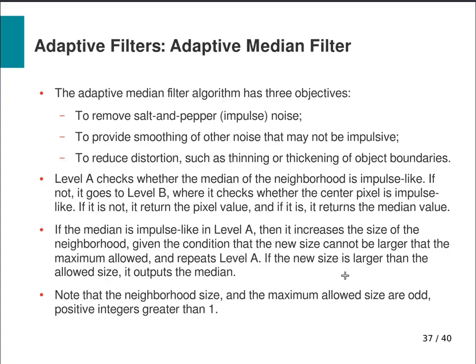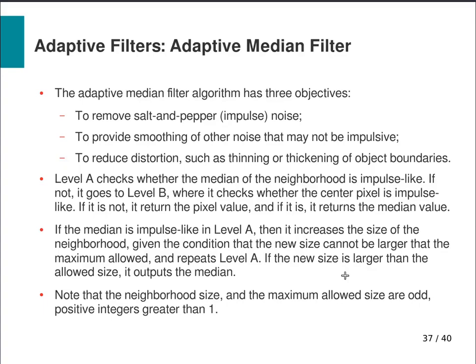But if you take a closer look at the logic behind the adaptive median filter, at any neighborhood it checks whether the median is like an impulse noise. If it's not, then it checks the center pixel. If that's not impulse-like either, that means the pixel is not affected by impulse noise, so it returns the value.